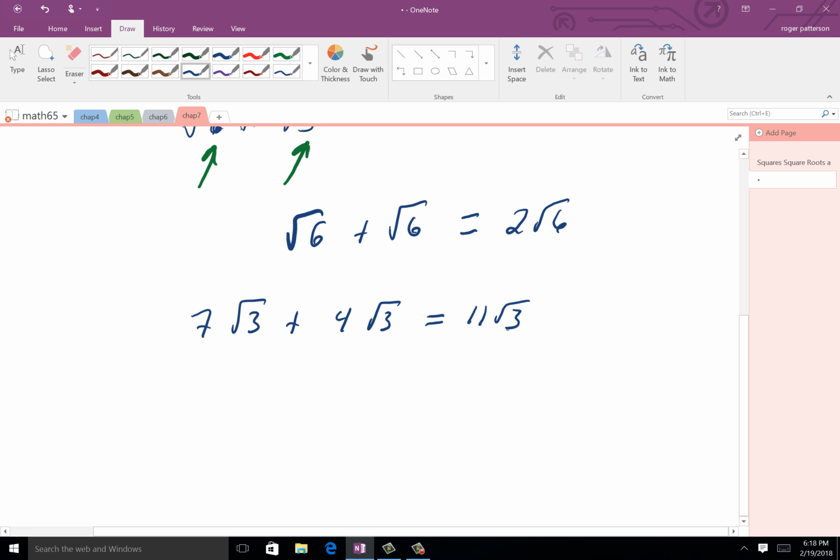So by just slowing it down a little bit and saying it, if you're not sure, 7 square roots of 3 plus 4 square roots of 3, well, that's going to be 11 square roots of 3. Same idea.